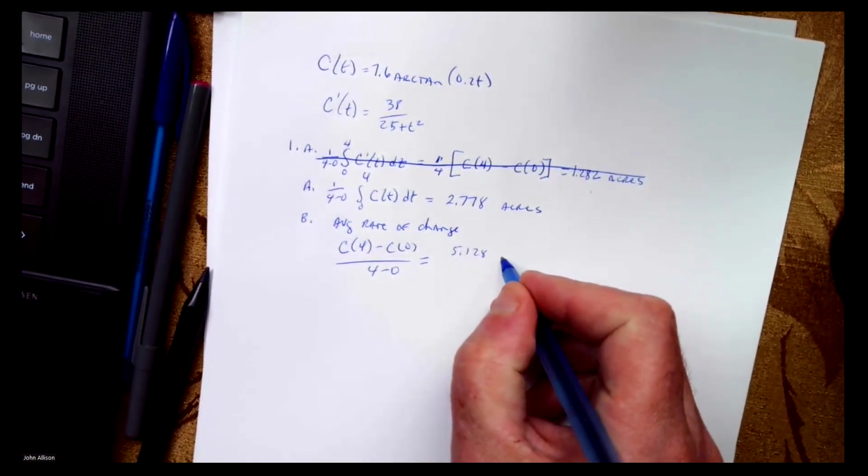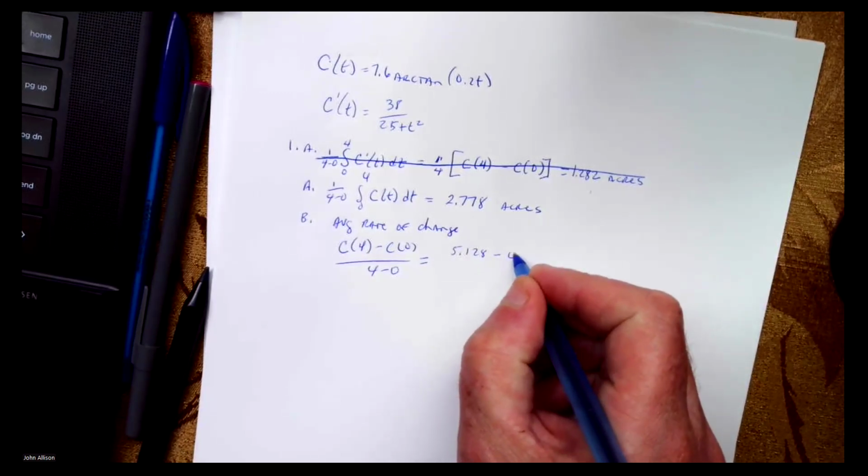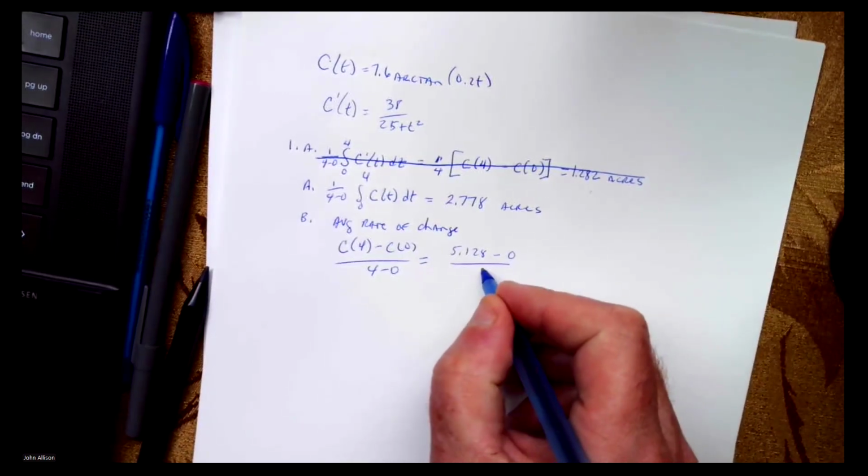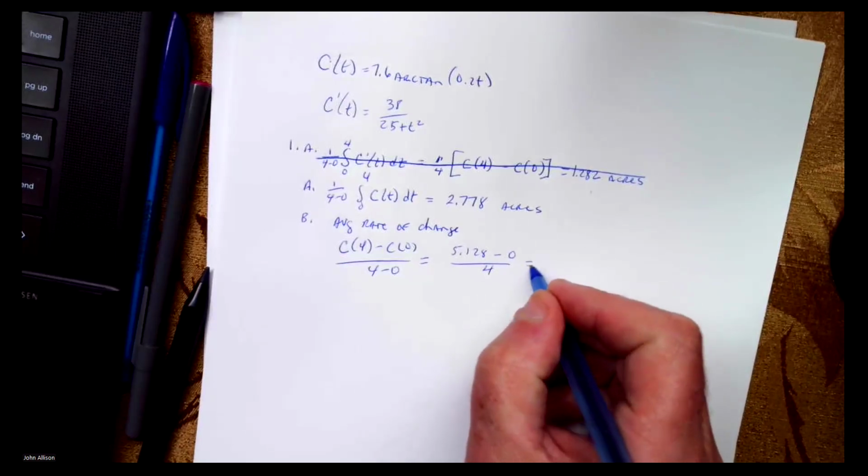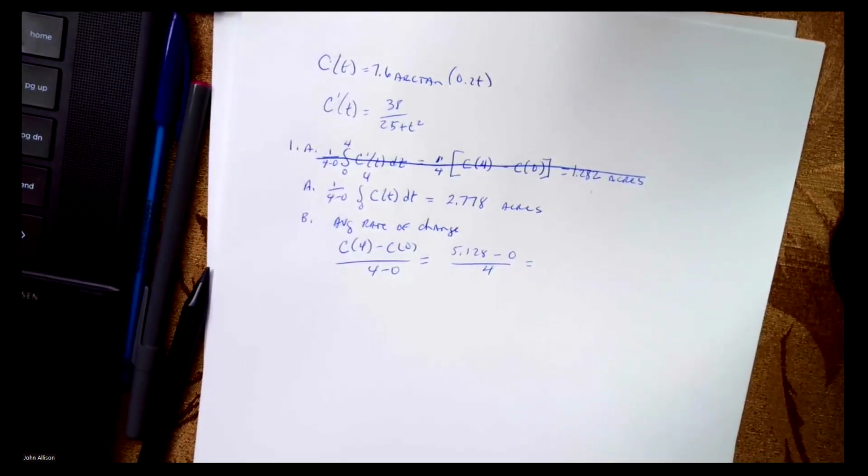5.128. I'm not going to use those rounded numbers though. Minus 0 over 4. I'm going to do C of 4 in the calculator divided by 4. And so it's going to give me y bars, put y4... oh, somehow I did y1 there.